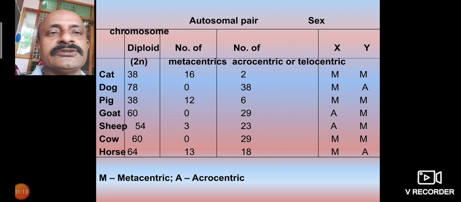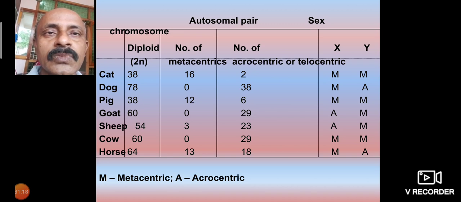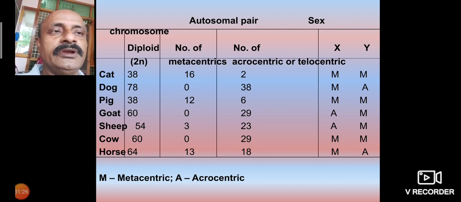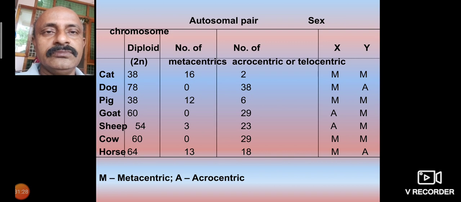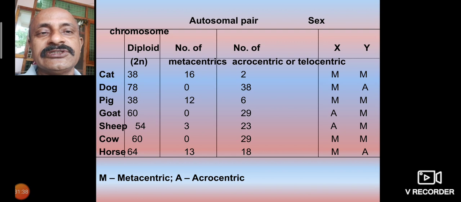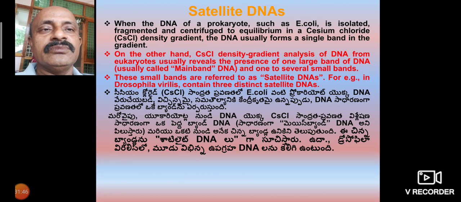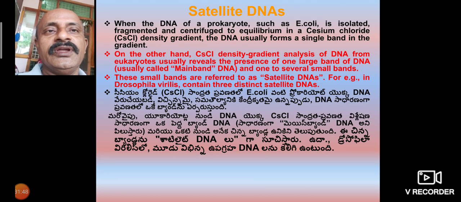Pig, 38, metacentric 12, acrocentric 6. Goat, 60 chromosomes in total, but metacentrics are absent, 29 are acrocentric, remaining telocentric. Sheep, 54, 3 are metacentric, 23 acrocentric. Cow, 60, metacentric 0, 29 acrocentric.